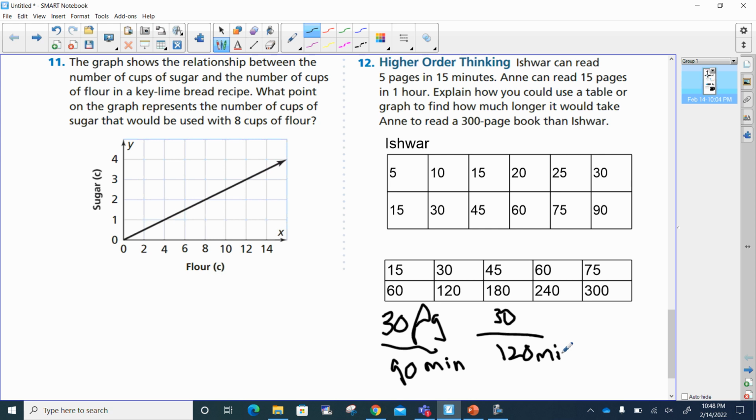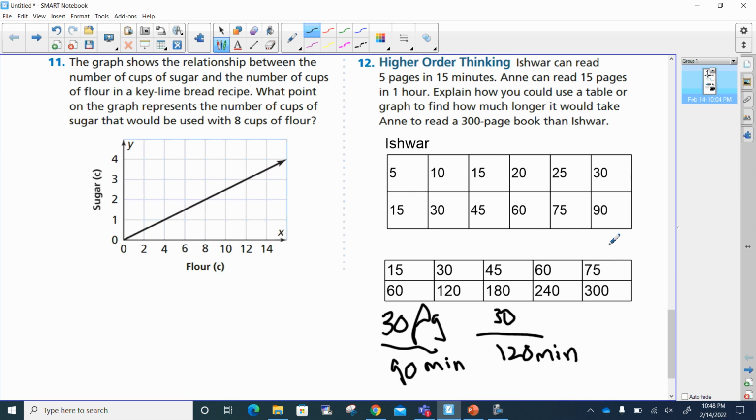All right. So that tells me that it's taking Anne 30 more minutes to read every 30 pages. Now, we know in 300 pages, it takes her 75 minutes.